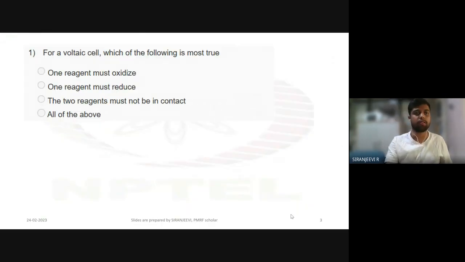Okay, this is the first question. For a voltaic cell, which of the following is most true? The options are: one reagent must oxidize, one reagent must reduce, the two reagents must not be in contact, and all of the above.